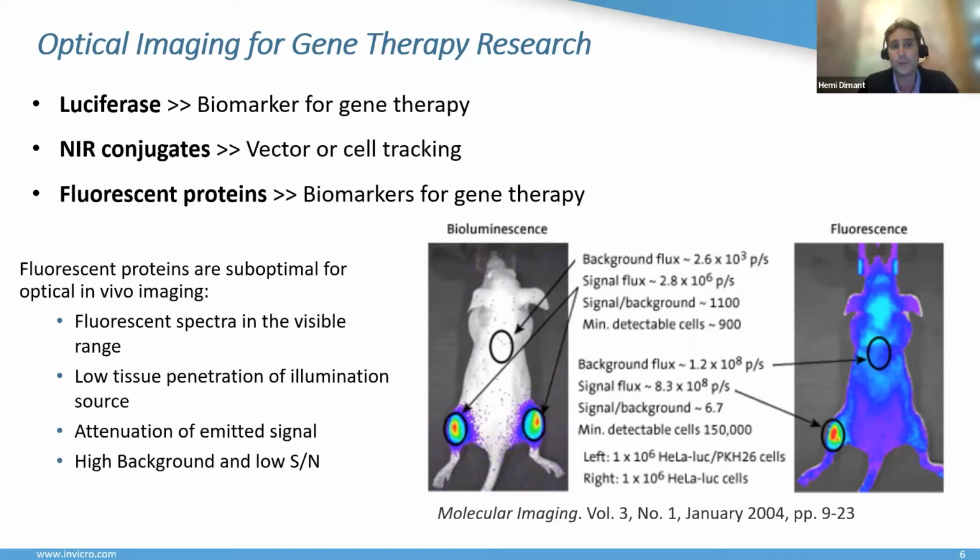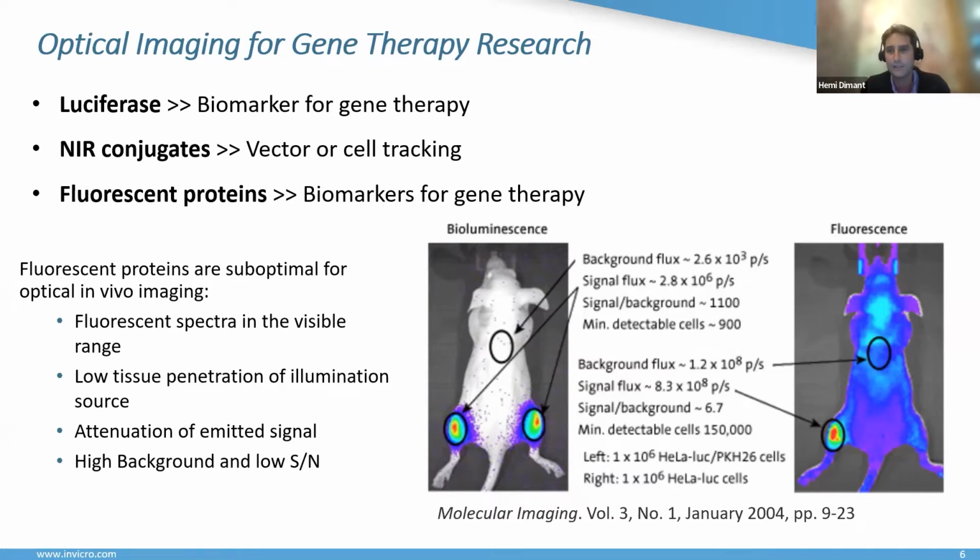And fluorescent proteins are also very commonly used as a biomarker for gene therapy, where instead of luciferase you have a fluorophore, typically GFP. GFP is probably the least favorite fluorophore for doing fluorescence in general, but certainly for in vivo fluorescence.